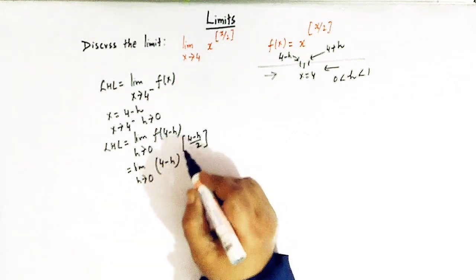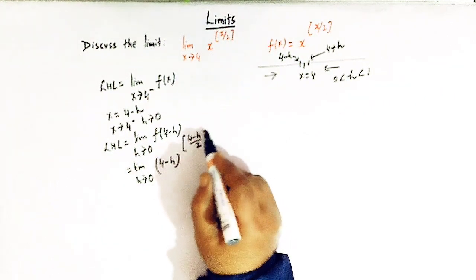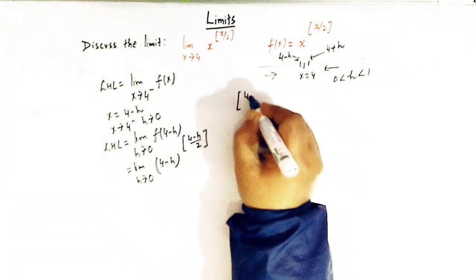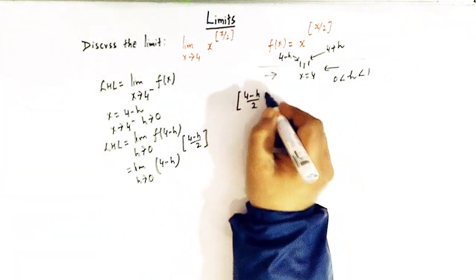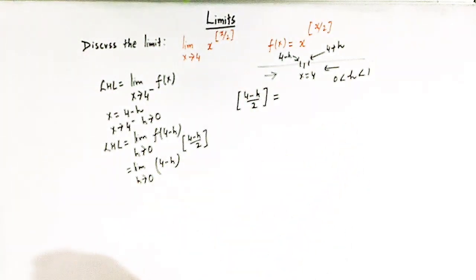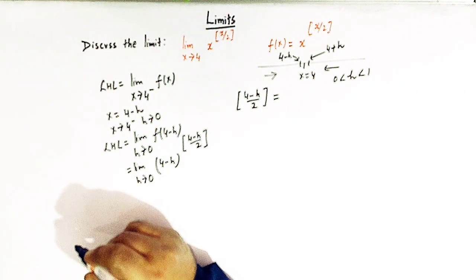Okay, so now we have to concentrate on this term, that is greatest integer of (4 minus h) over 2, and we'll solve this expression by using an important property of greatest integer function.